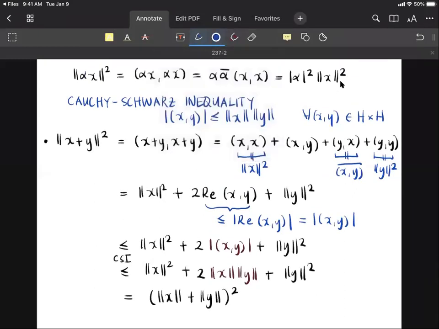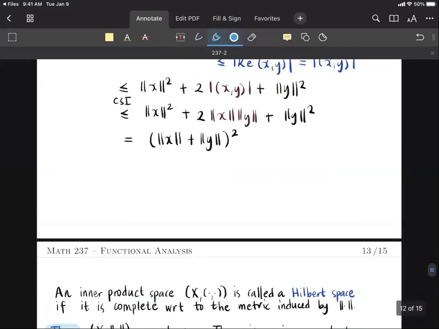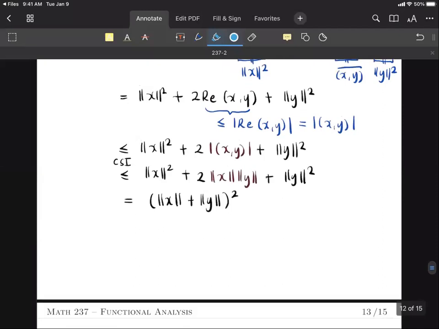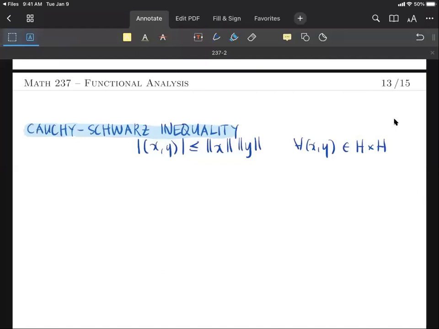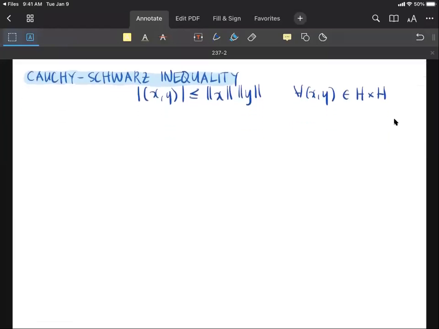So now, let us verify the Cauchy-Schwarz inequality. Okay, so let's prove the Cauchy-Schwarz inequality. To show this, let us consider several cases.